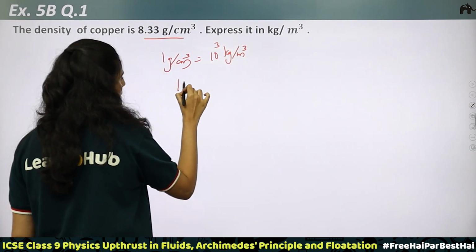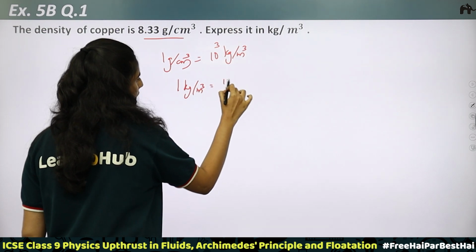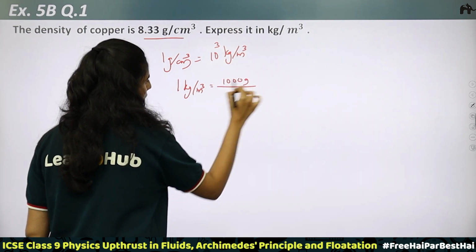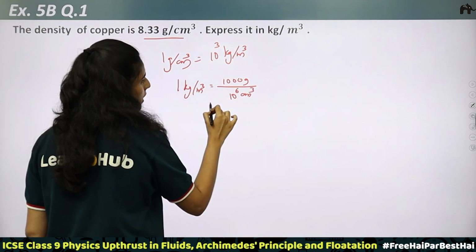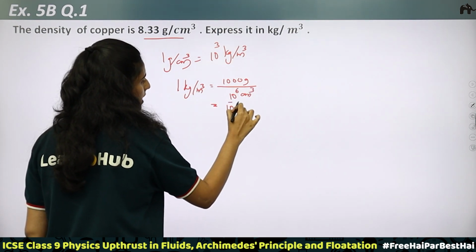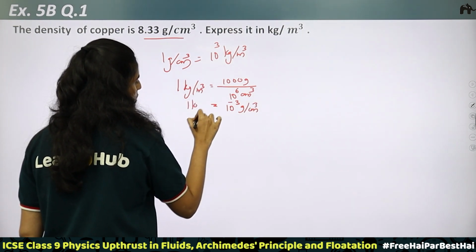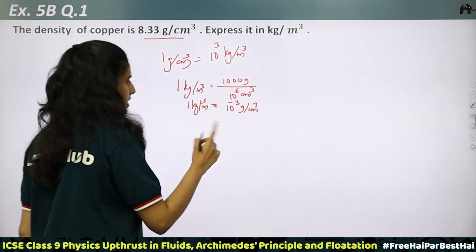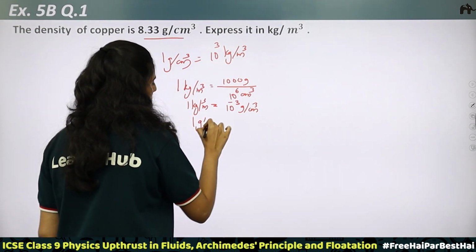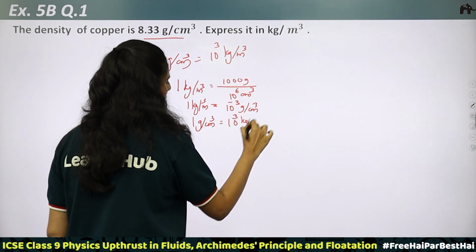We know 1 kilogram per meter cube is equal to 1000 gram divided by 10 raised to 6 centimeter cube. This is equal to 10 raised to minus 3 gram per centimeter cube. So 1 kilogram per meter cube is equal to 10 raised to minus 3 gram per centimeter cube, or 1 gram per centimeter cube is equal to 10 raised to 3 kilogram per meter cube.